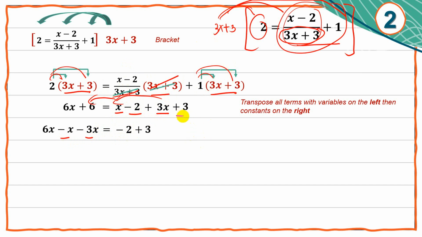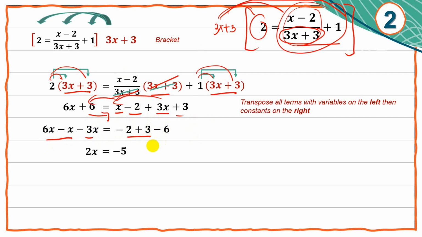After that, transpose 6 and it will become negative 6. And then just simplify: 6x minus x is 5x and 5x minus 3x is simply 2x, equals negative 2 plus 3 is positive 1 and 1 minus 6 is negative 5.